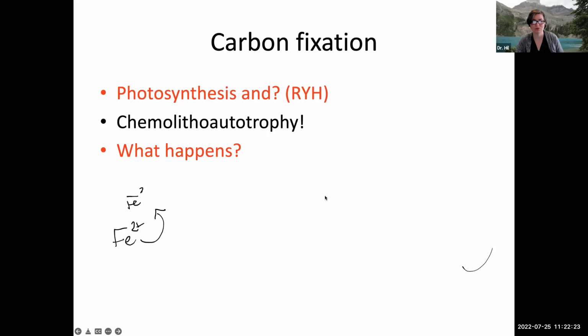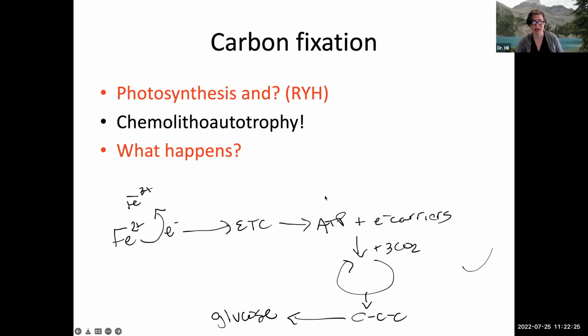So here is a little diagram of how chemolithoautotrophy works, and hopefully you can see the parallels with photosynthesis. An electron comes from usually a metal ion being oxidized. That electron goes through an electron transport chain, and it pumps protons, and those protons come back through ATP synthase, and ATP is produced.